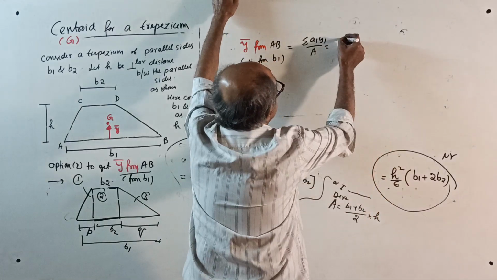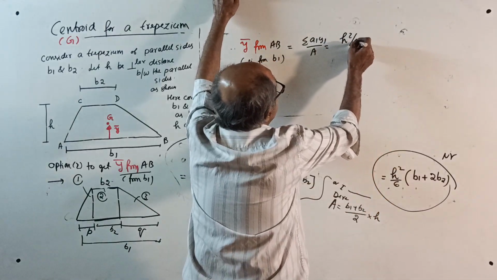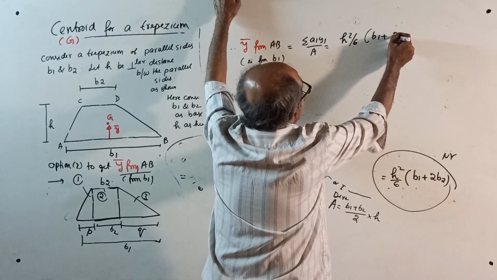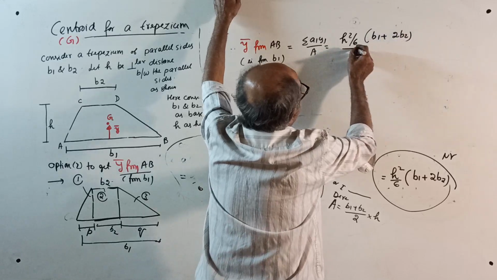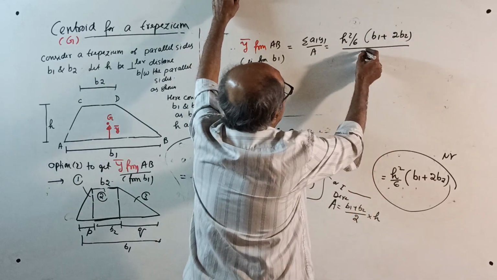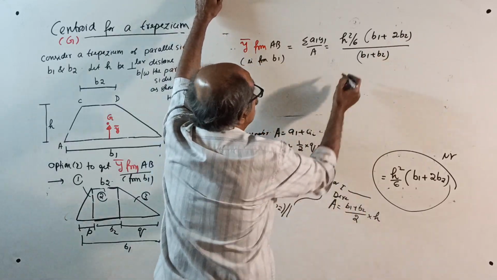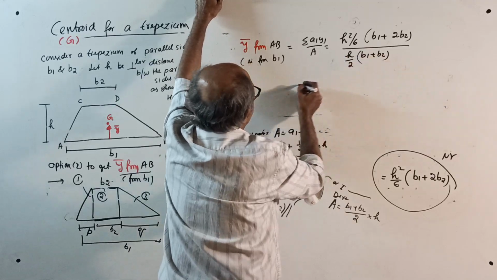The numerator is H square by 6 into B1 plus 2B2, divided by the area, B1 plus B2 into H by 2.